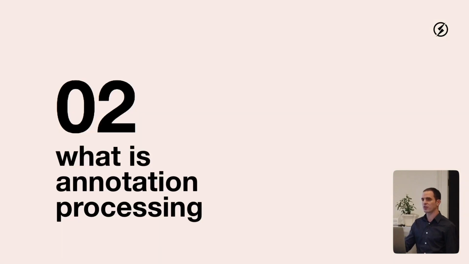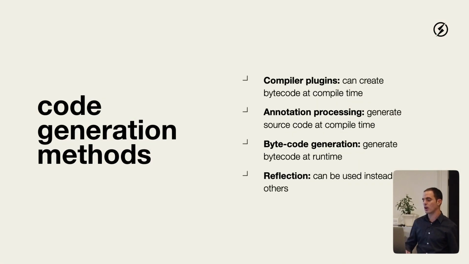So let's talk about annotation processing. But first, I would like to compare and contrast what code generation methods we have in the first place. In the Kotlin world, we have the Kotlin compiler plugins. These can generate Kotlin bytecode at compile time. So if you have any Kotlin source code, it can replace parts of it or even generate new code.